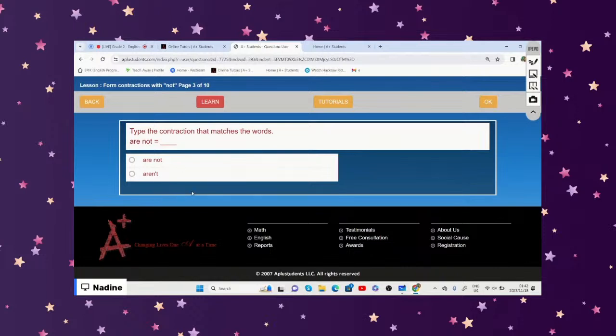So we need to select the contraction that matches the words. So is it option 1 or option 2? Even though I would want you to type out the word.